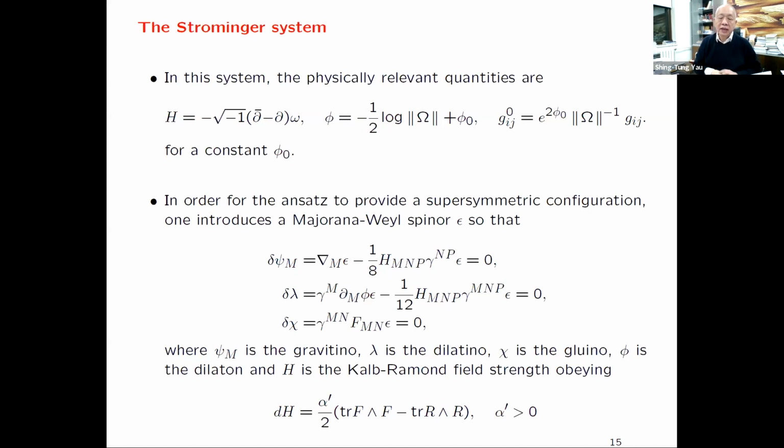It turns out there is an equation that must be satisfied, namely dH should be equal to trace F wedge F minus trace R wedge R. This is called the anomaly equation. This equation is rather complicated mathematically speaking, but it is the equation that links the metric G_ij with the metric on the bundle.